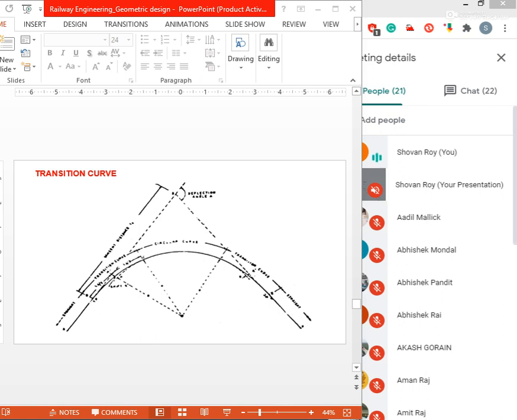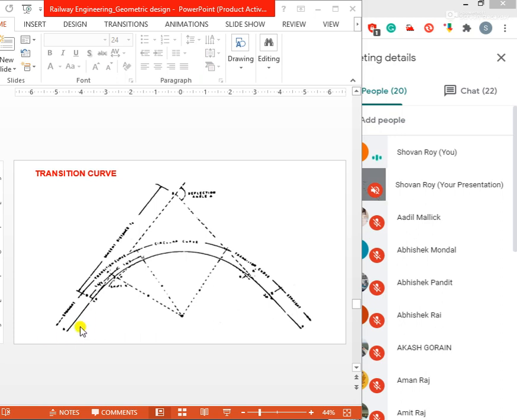A transition curve is therefore the curve for a comfortable ride in which the degree of curvature and the gain of superelevation are uniform throughout its length, from zero at the tangent point to the specified value at the circular curve.